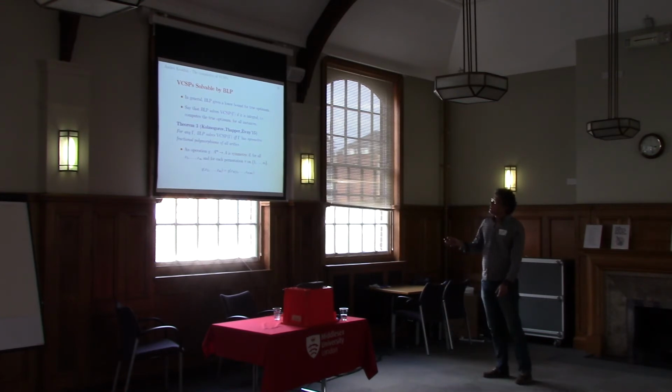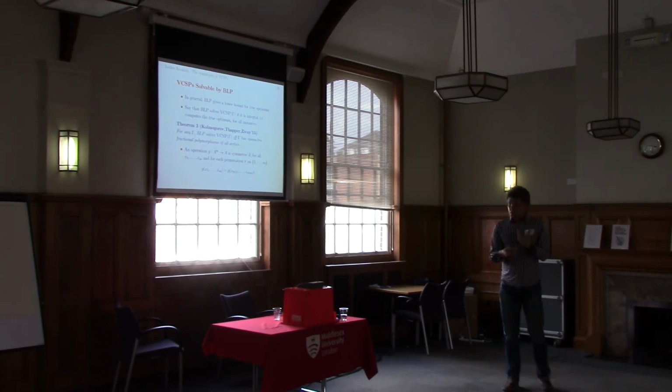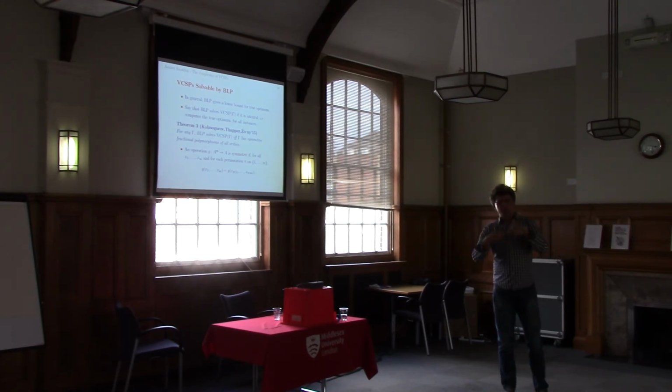Right. So this algorithm, BLP, gives you some lower bound to the optimum. If you start from an instance, it has some optimum. You make an IP formulation. The optimum is still the same, of course, because you just reformulated the instance. When you make the LP relaxation, you minimize over a larger set of possible solutions, so the optimum can go down.